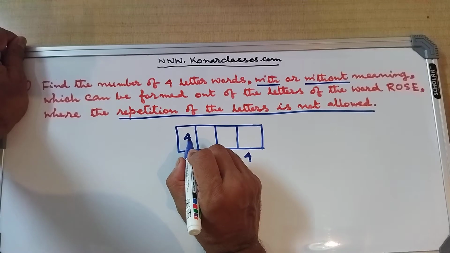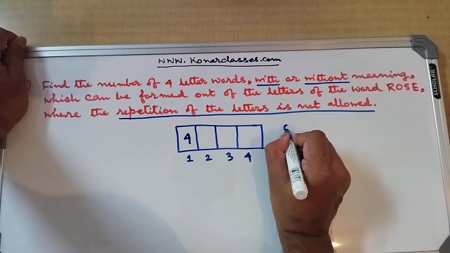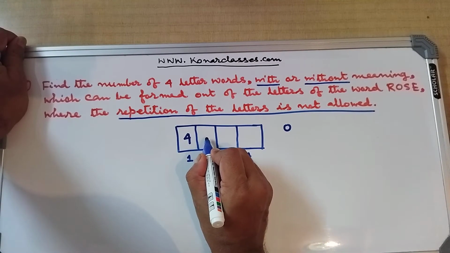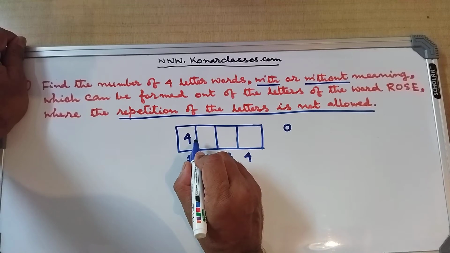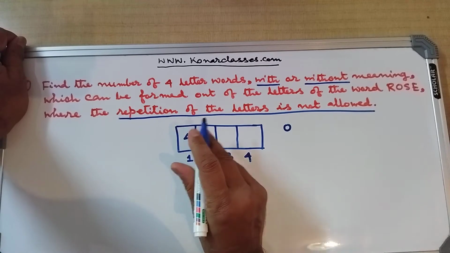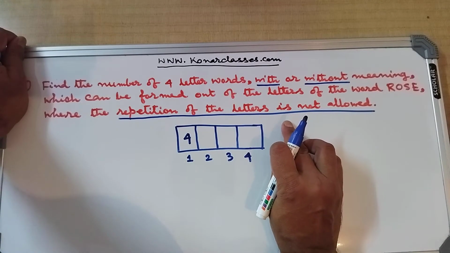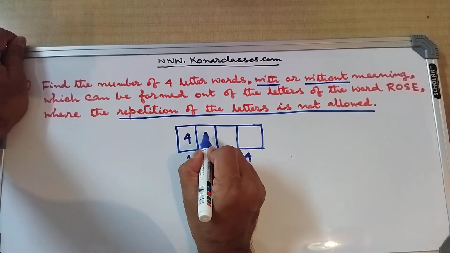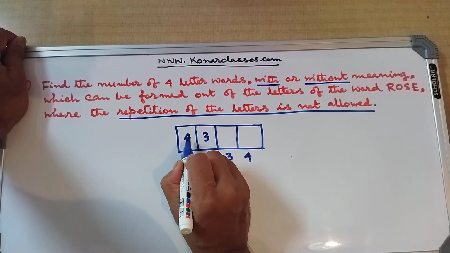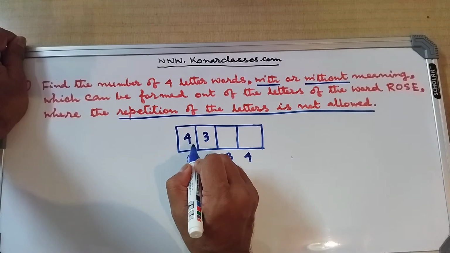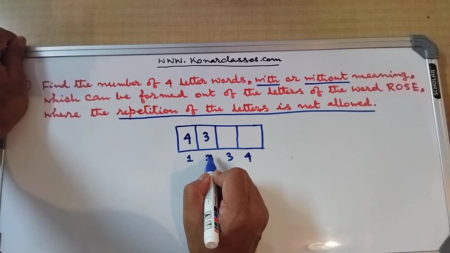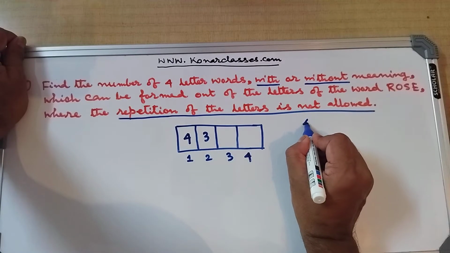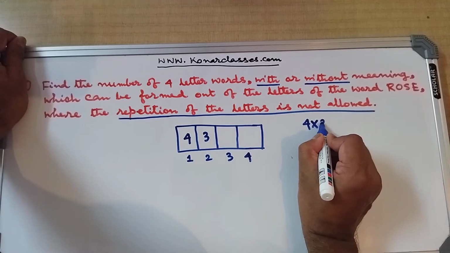For example, if in the first position we use the letter O, then in the second position we cannot use O. We can use either R or S or E. That means if the first position is filled, the second position can be filled in 3 different ways. So by the principle of multiplication, it is 4 into 3.